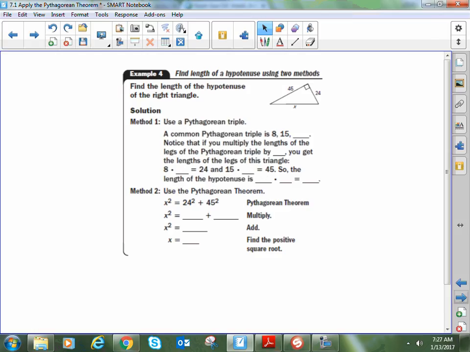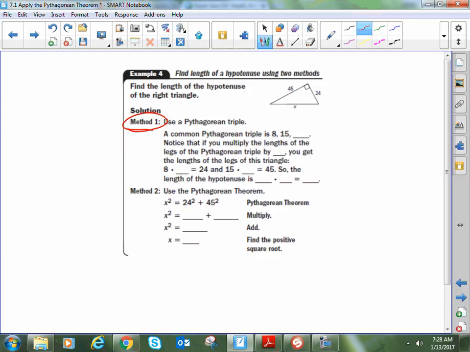So this first method that we're talking about, honestly, I will never look at it for the values that we have. I don't memorize all of the possible Pythagorean triples, and so I don't know simply by looking at this right triangle that it is a triple.